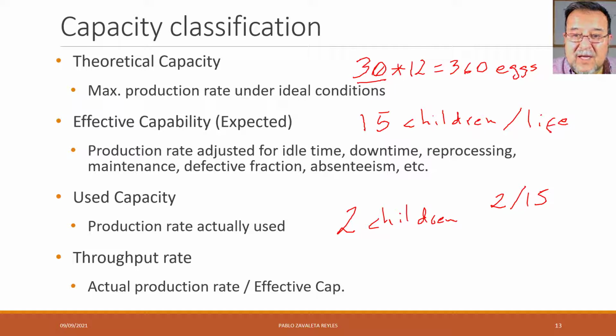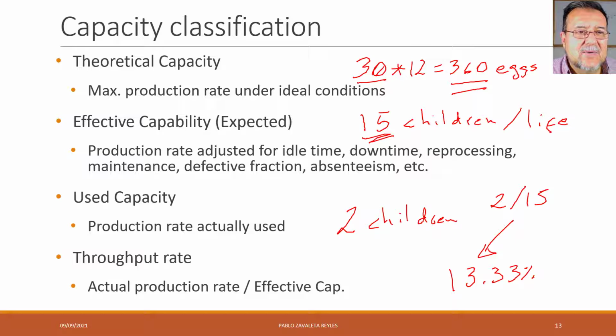And the throughput rate is exactly this, which comes out to 13.33% of the effective capacity, not of the theoretical capacity. We cannot use the 360 for our measures, because that is, remember, under ideal conditions. And ideal conditions do not happen in reality.